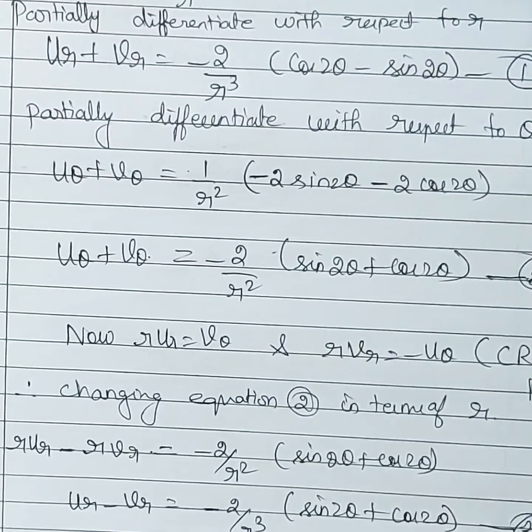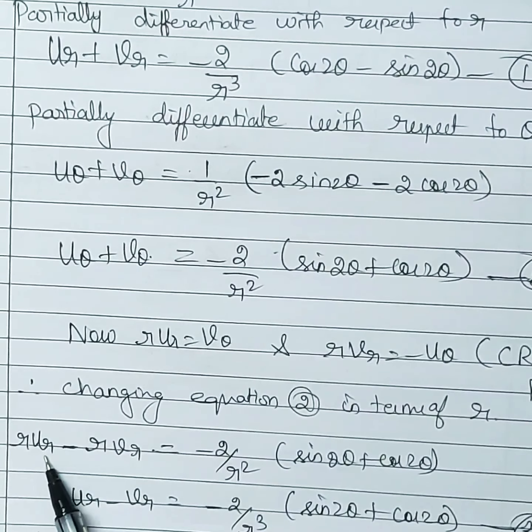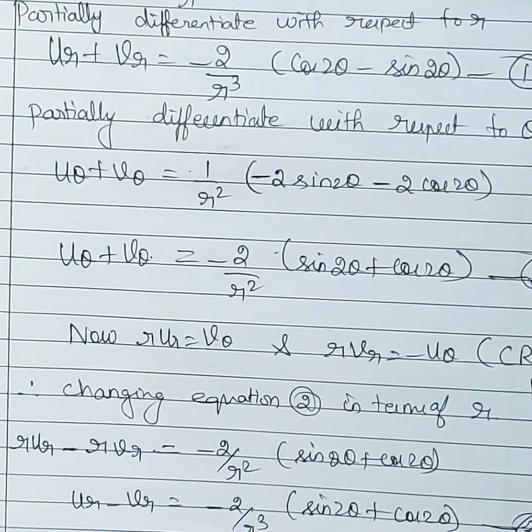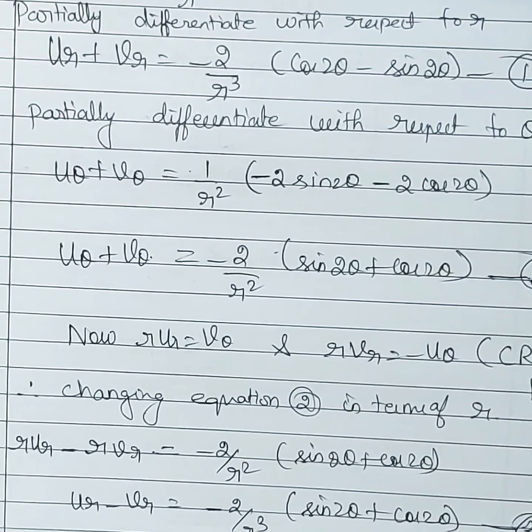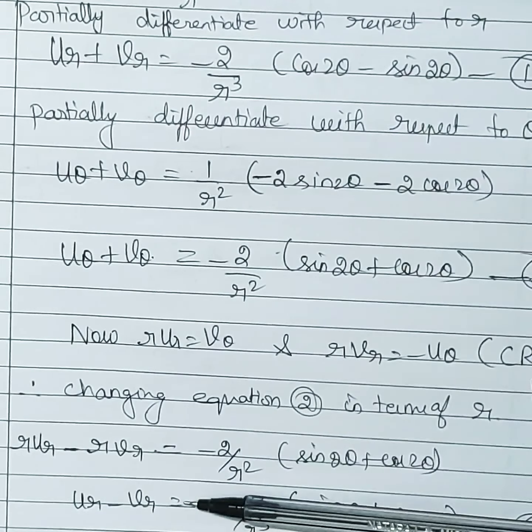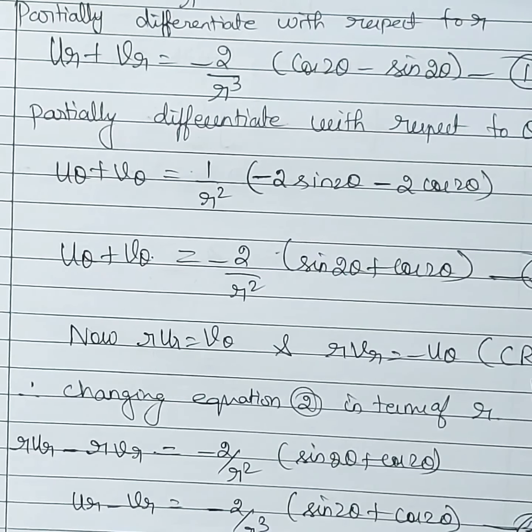Here you can take r common and bring it down, so u_r minus v_r is minus 2 by r cube into everything. Now what is your equation 1? u_r plus v_r. And this is u_r minus v_r. Name this as equation 3.